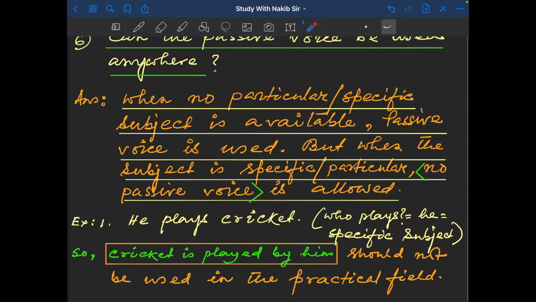Should not be used in the practical field, though it may be given in the exam hall. It may be given in the question paper to test whether you can change the active voice to passive voice. But in the practical field, in your writing, you cannot use this type of sentence. If you use it, your writing will lose its importance, its gravity, its stature.